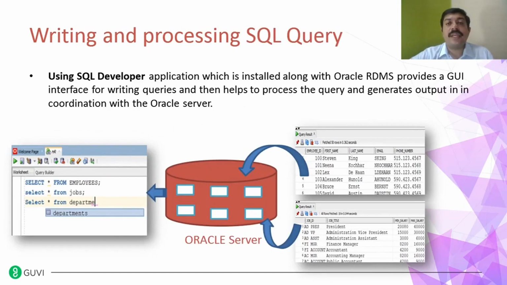Now, writing and processing SQL queries. So how to write an SQL query? First of all, we need to install the Oracle server, which is software that enables us to create the database which securely stores the data. And after installation of the Oracle server, we need to install one application called Oracle SQL Developer, which provides us a GUI-based interface, a window, which helps us to write the query, and we can process the query with the help of this window.